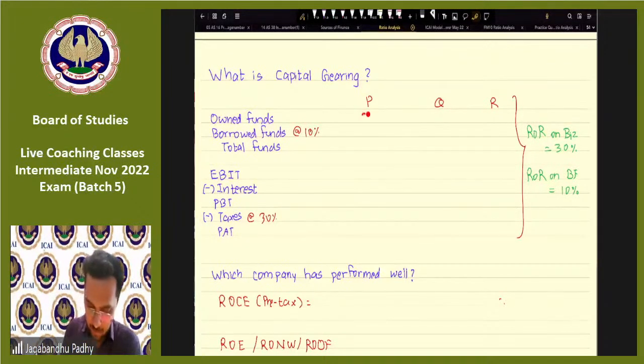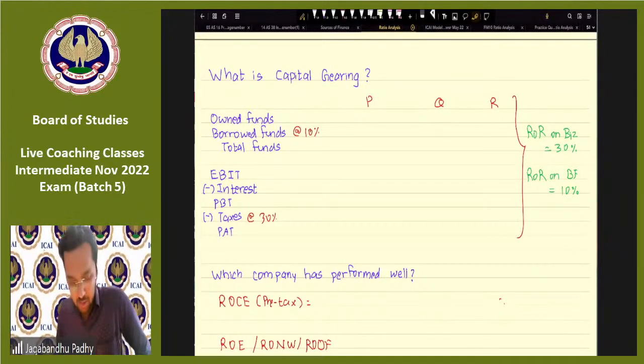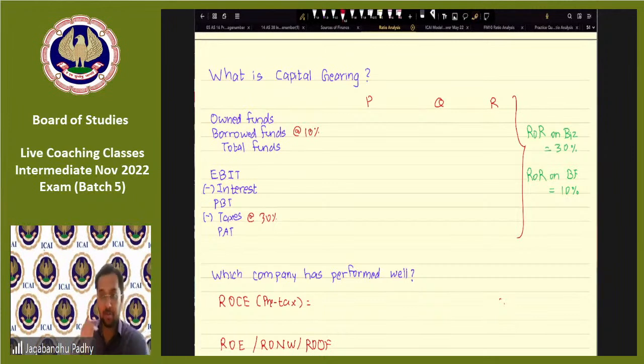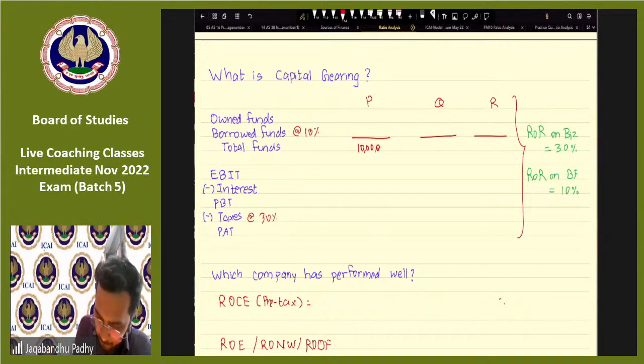Suppose we have three companies, P, Q, and R. The total funds they have invested in the business, whatever money they have put into the business, is the same, 10 lakh.